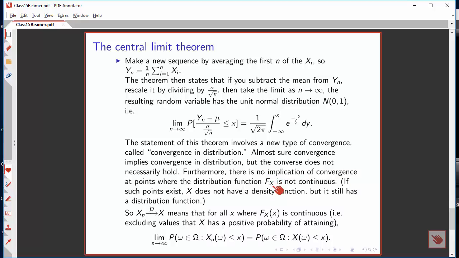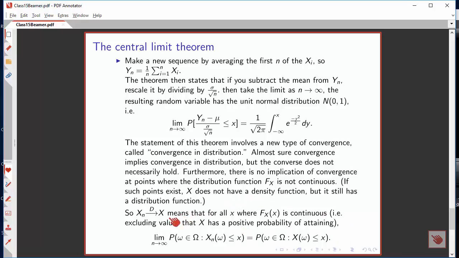Furthermore, if we don't have a density function everywhere, that is, if there are points where this distribution function F sub X has a discontinuity, then there is not necessarily any convergence at those points. We've got a couple of examples that you can work on in class that will illustrate this point. If there are such points, there's no density function, although we still have a distribution function.